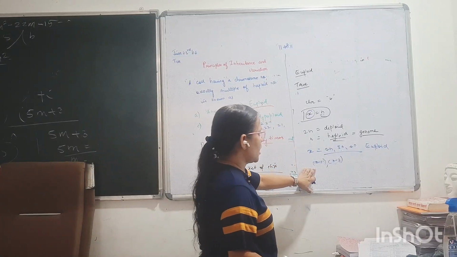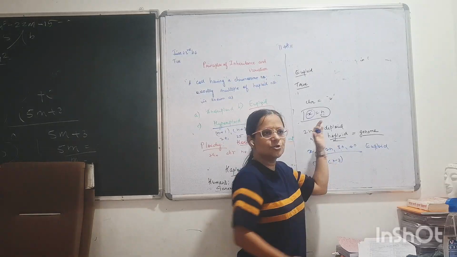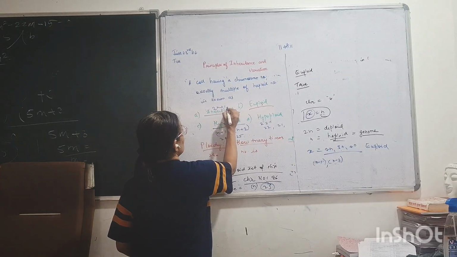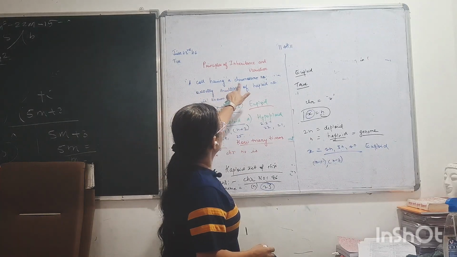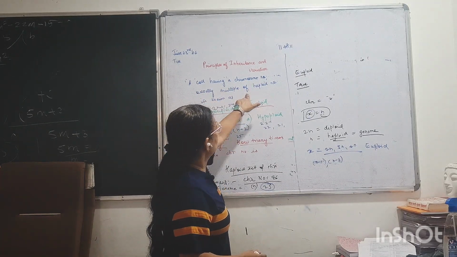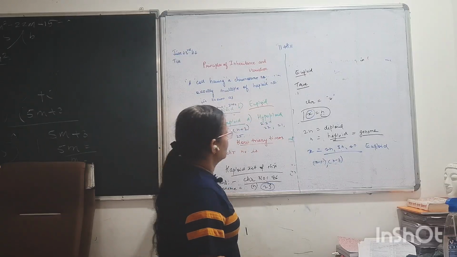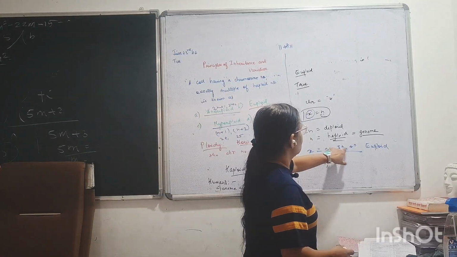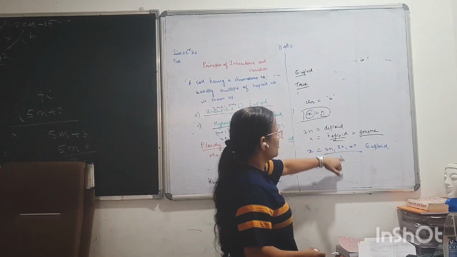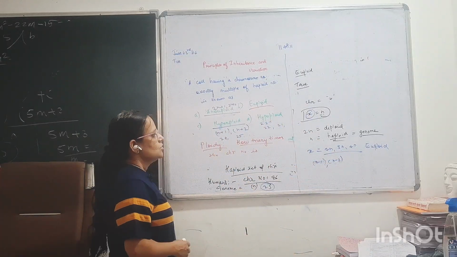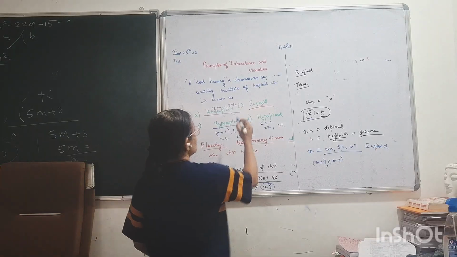Euploidy, just now I told you, will be in multiples of N. Aneuploidy will be 2N plus 1, 2N plus 2 or 2N minus 2. Right? So our answer is: a cell having a chromosome number that is an exact multiple of haploid. See, here it is 2N, 3N, 4N. It is an exact multiple of the haploid set of chromosomes. So our answer is euploid.